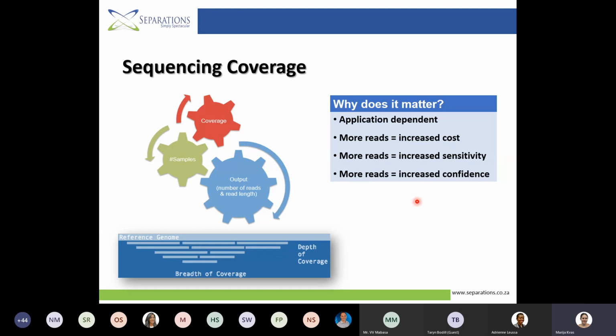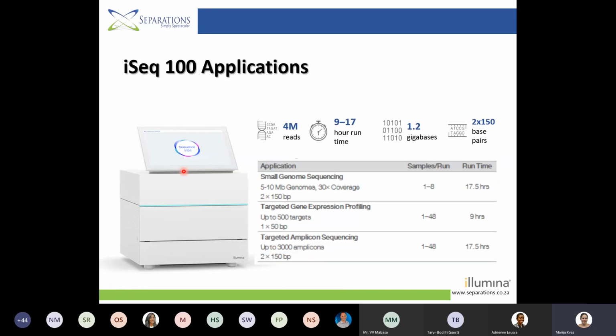Obviously, when we sequence, there's always the question of how many samples I can put on the specific flow cell, and that will obviously depend on the output of that flow cell. And it will also depend on the size of your genome. If we work with smaller genomes, then we can put more samples on, but if we are working with larger genomes, then we don't have space for so many samples. So this is just to show you that the capacity of the iSeq is 1.2 gigs, and that means if we are working with small genomes, anything from 5 to 10 billion bases, and if we look at the average of 30x coverage, we can put anything from 1 to 8 samples.